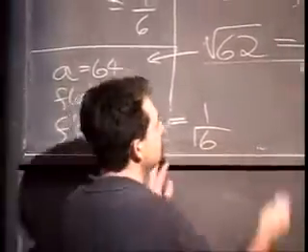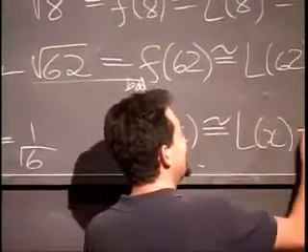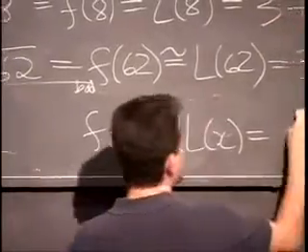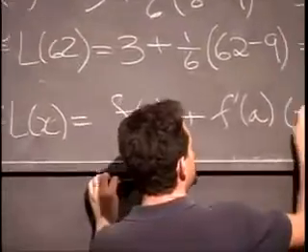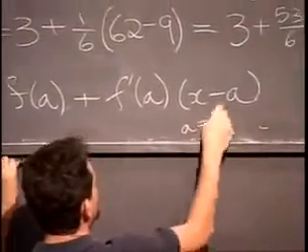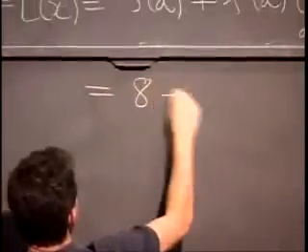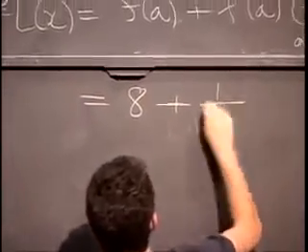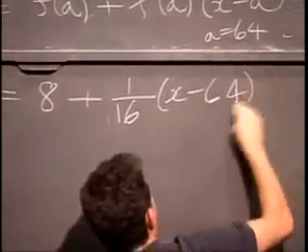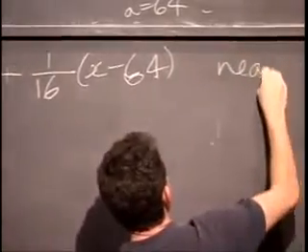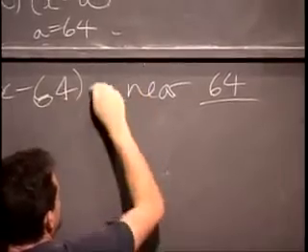And so here, f of x is approximately L of x, which is f of a, well, maybe I better write it out, plus f prime of a times x minus a. But here a equals 64. So if you work this out, this is 8 plus 1/16 times x minus 64, for x near 64.